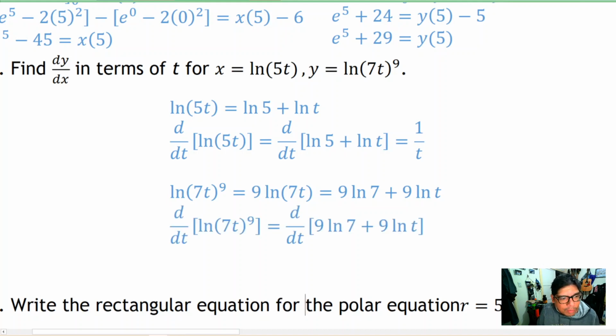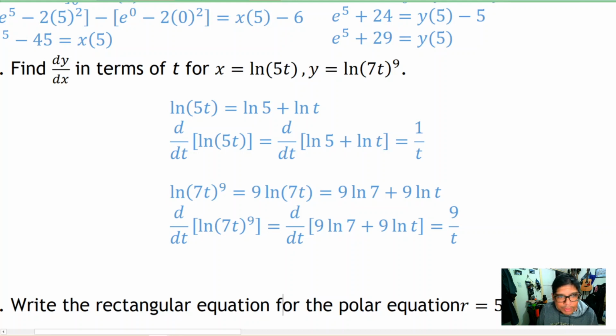So the derivative of the natural log of 7t to the 9th, that's equal to the derivative of 9 natural log 7 plus 9 natural log t. And we know 9 natural log of 7 is constant, so that derivative is 0. And the derivative of 9 natural log t is 9 times the derivative of natural log t, which is just the same thing as 9 multiplied by 1 over t, or just 9 over t.